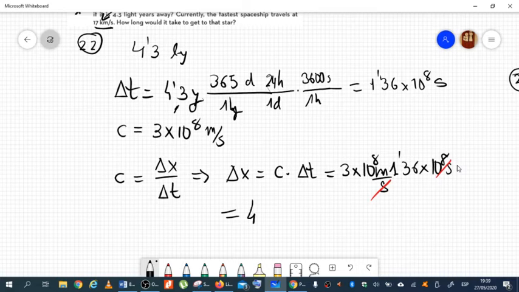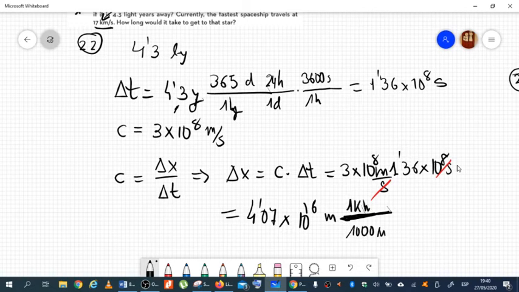It is 4.07 times 10 to the power of 16 meters, or in kilometers, if you do conversion factors, 1000 meters is equal to 1 kilometer, divided by 1000, is equal to 4.07 times 10 to the power of 13 kilometers.